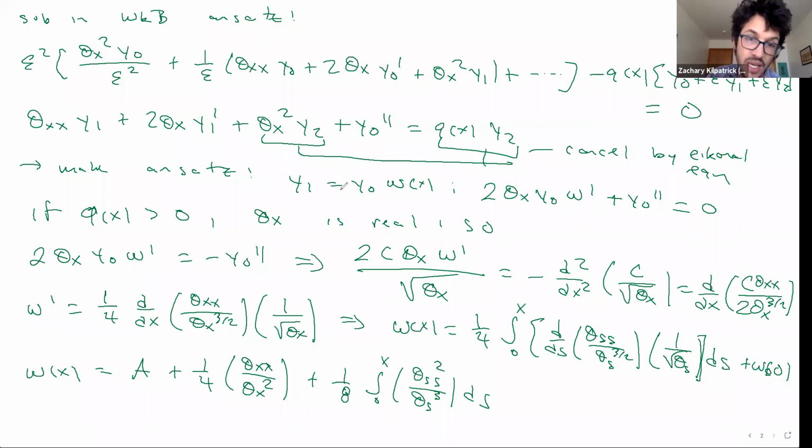And if we expect this to be an asymptotic series, then we would hope that y1 will be asymptotically smaller than y0.